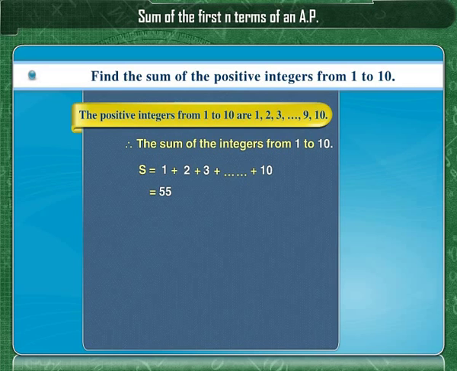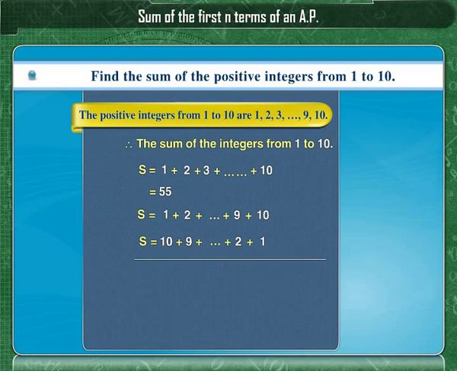There is an easy method to find the sum of these numbers. First we write S is 1 plus 2 plus 3 plus so on up till plus 9 plus 10. Now we write the same sum in the reverse order. That is, S is 10 plus 9 plus so on up till plus 2 plus 1.